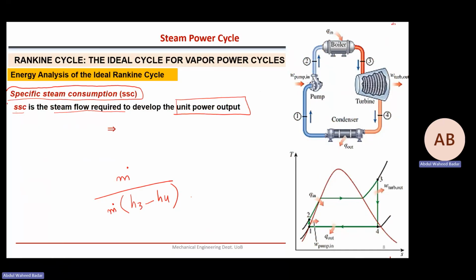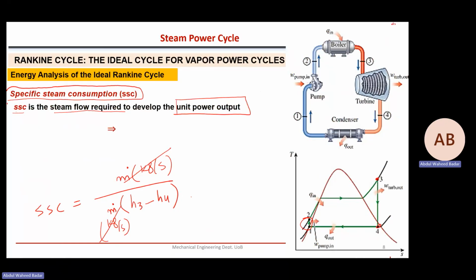It's H3 minus H4, the power output of the turbine, only turbine I'm saying, not net power, only turbine power. In any case, this is negligible. So power input of a pump compared to turbine work. That is named as SSC. This is kilograms per second of steam, same kilograms per second of steam.